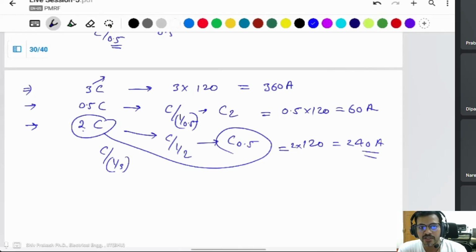If it is on the right side, then simply divide the capacity by that, then you can find the current rating of a battery. If you discharge a battery at a very high rating, there will be a cycle life effect also. So it discharges very quickly.